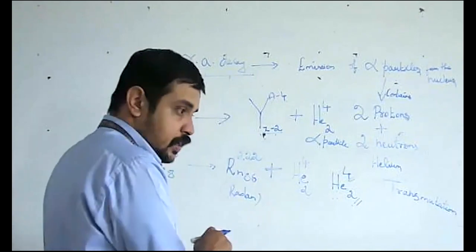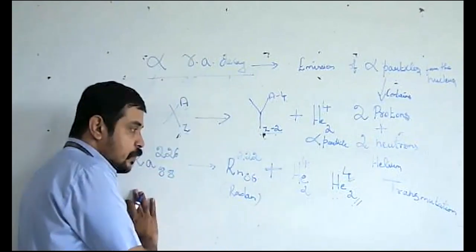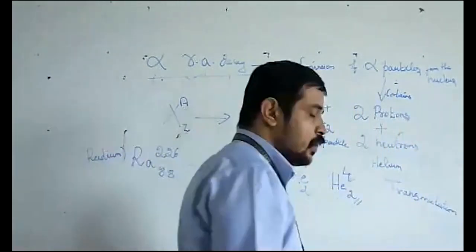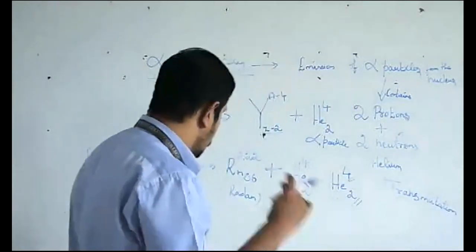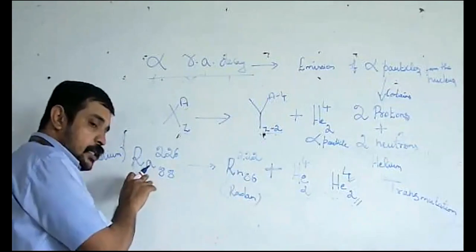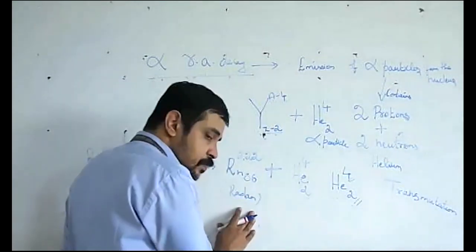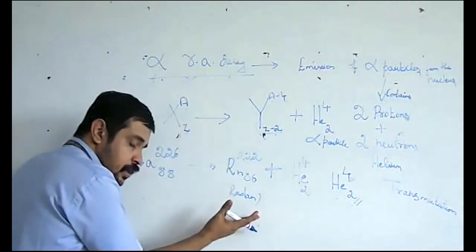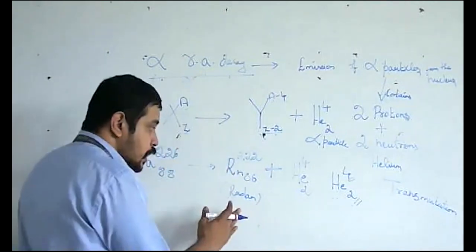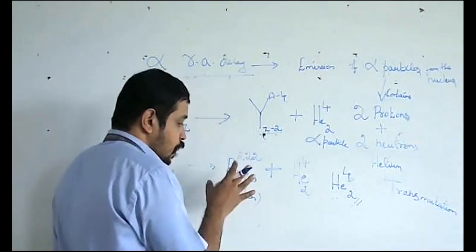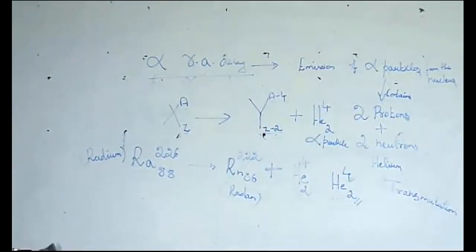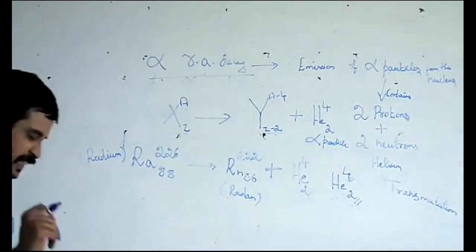And because of that, it has been changed from one element to a different element. And that process we call transmutation. I repeat, previously it was radium and it has become radon. Since it was previously one element and after undergoing alpha radioactive decay it has changed to a different element, it is called transmutation. Okay? Now, listen.